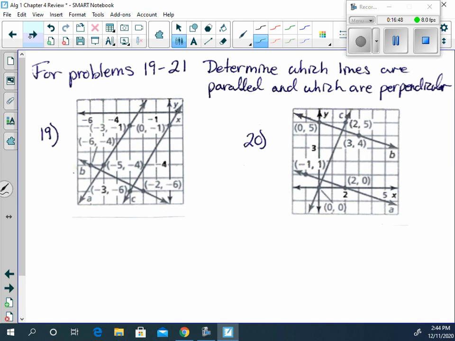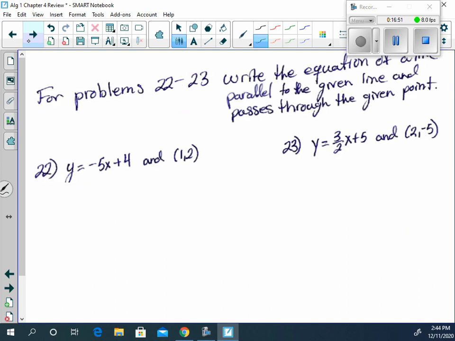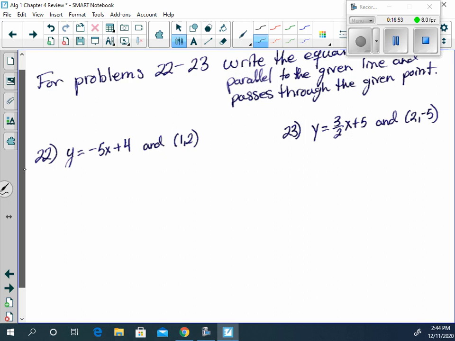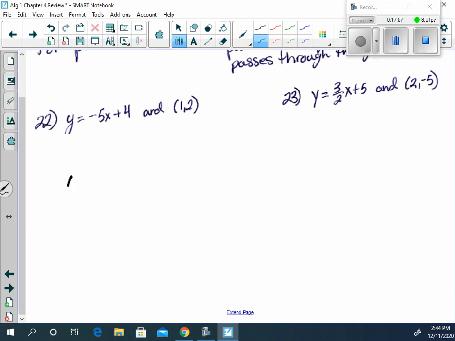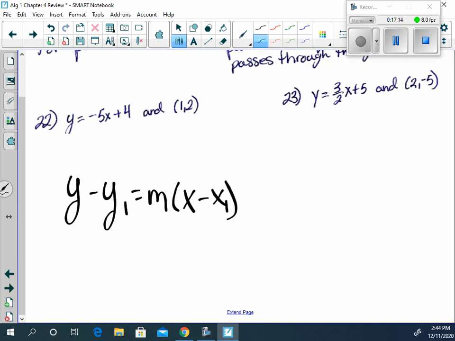We'll come back to these later, those two. I want to look at these first. Write the equation of a line parallel to the given line and passes through the given point. So for these here, we're still going to be using our y minus y1 equals m times x minus x1, our point slope form.